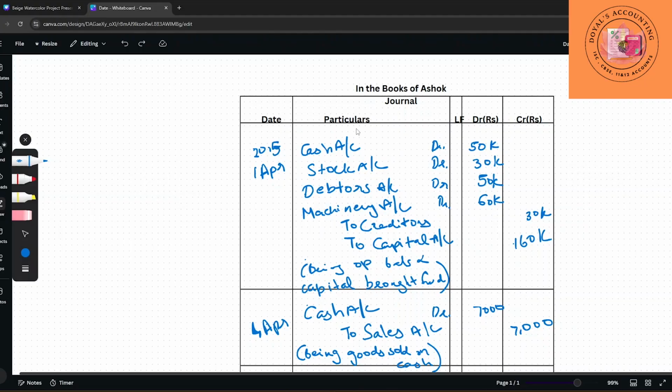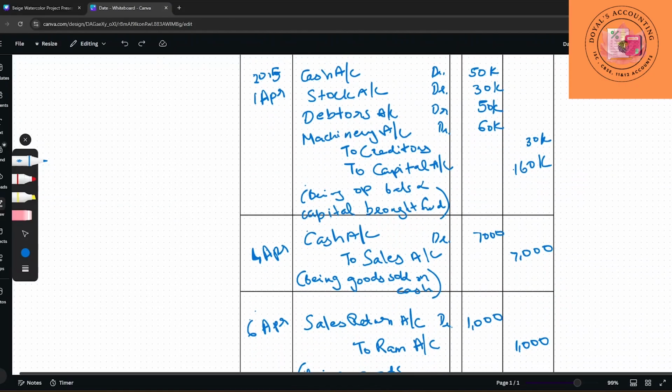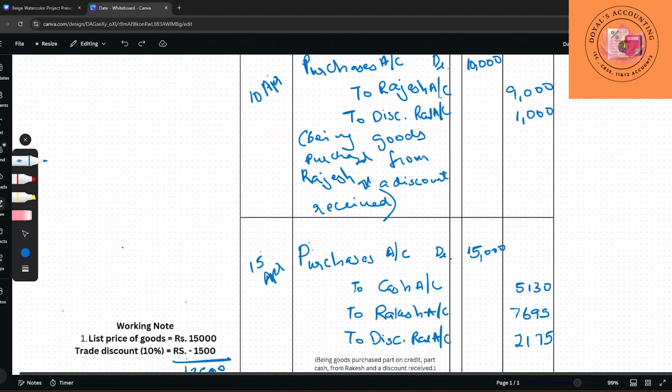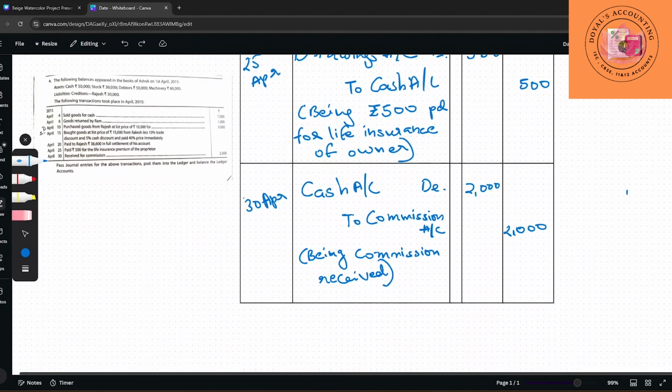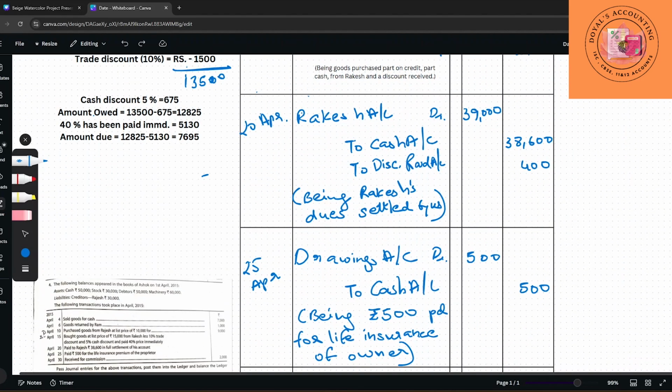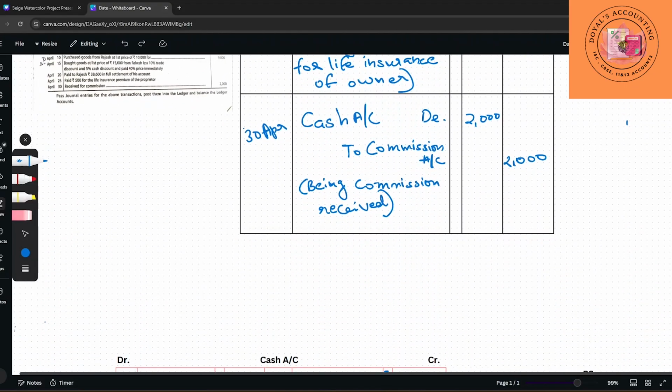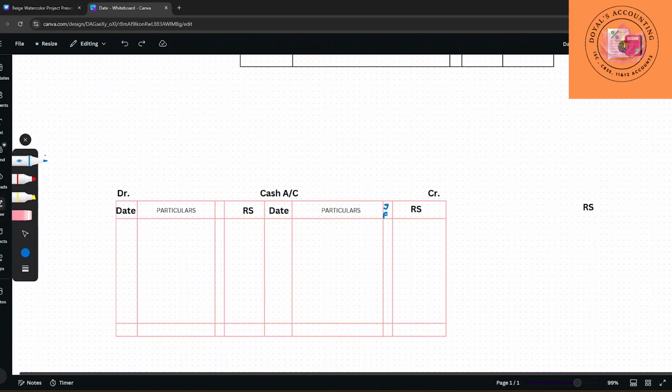For every account head that you have in this journal, be it cash, stock, debtors, machinery, creditors, capital, sales, sales returns, purchases, discount received, individual accounts, drawings, commission account, we will open a ledger for each account head.